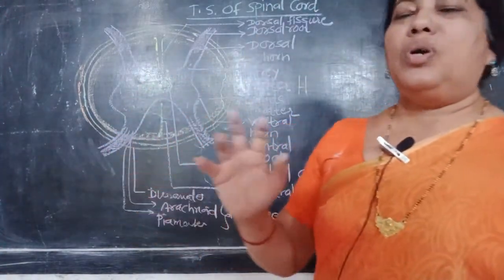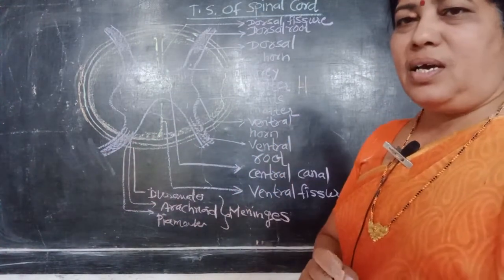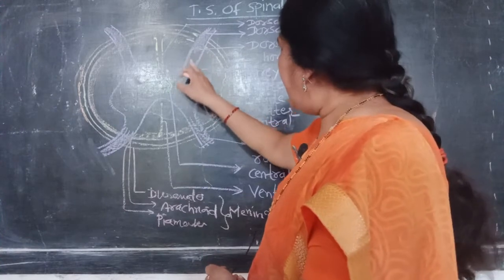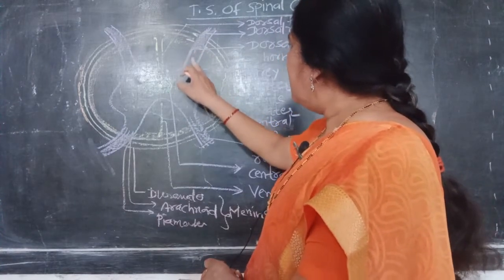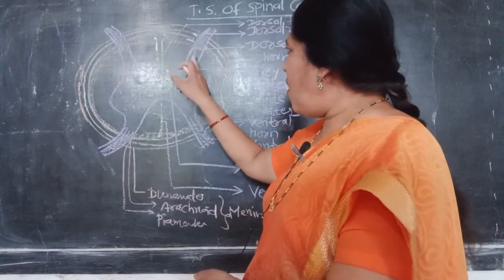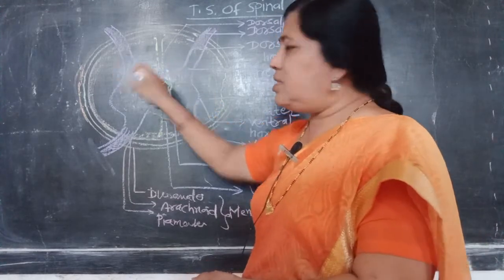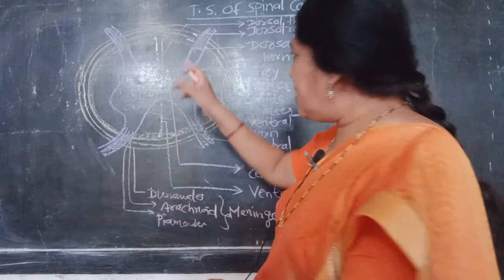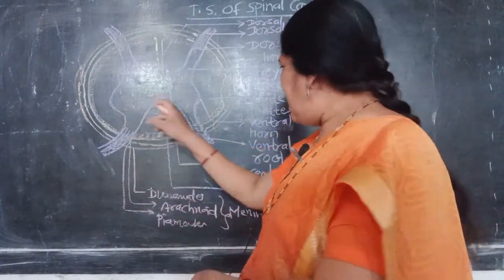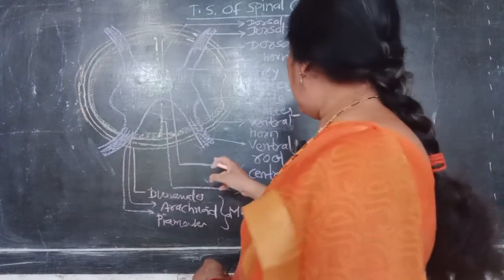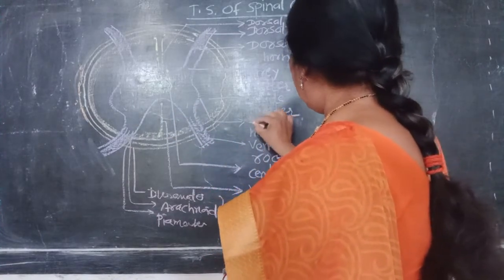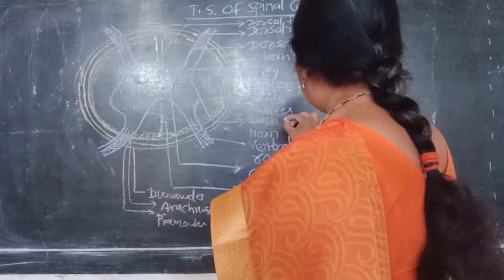divided into 6 horns. This is called the dorsal horn. These two horns are called dorsal horns. There are two dorsal horns. This is called the lateral horn. Sorry, this is not the ventral horn, this is the lateral horn.